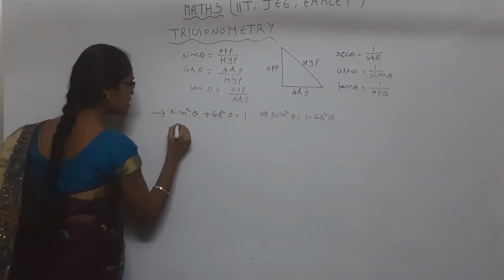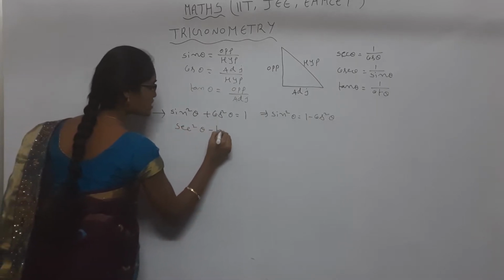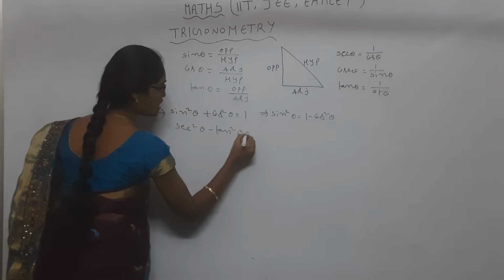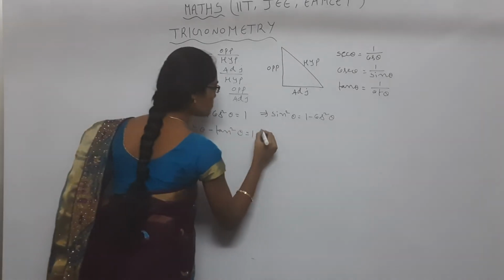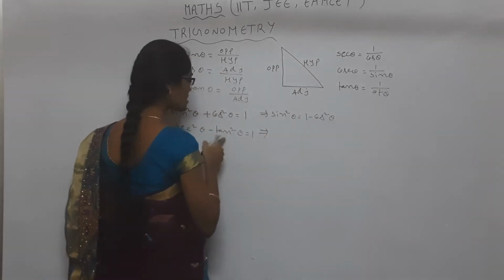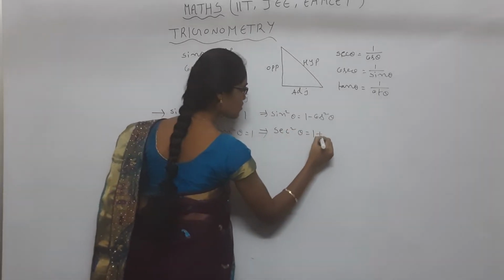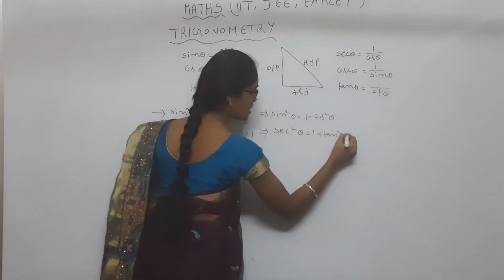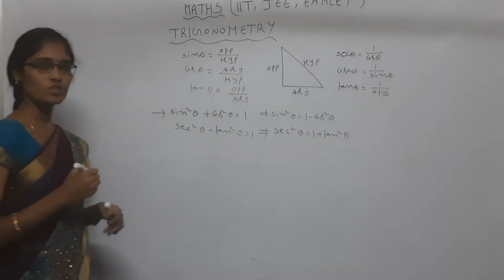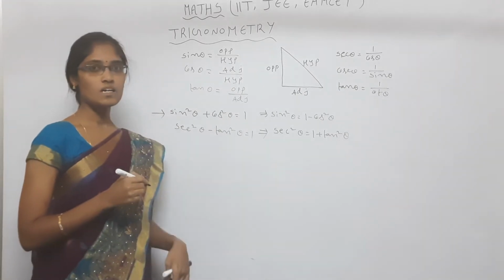Second one: secant square theta minus tan square theta is equal to 1, and secant square theta is equal to 1 plus tan square theta. Tan square theta is equal to secant square theta minus 1.